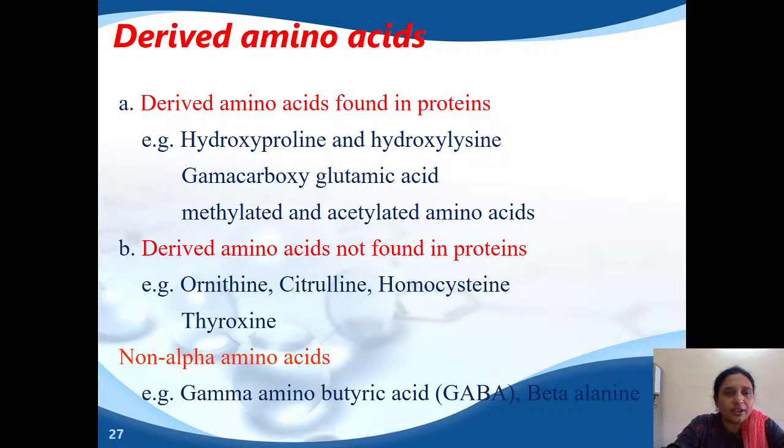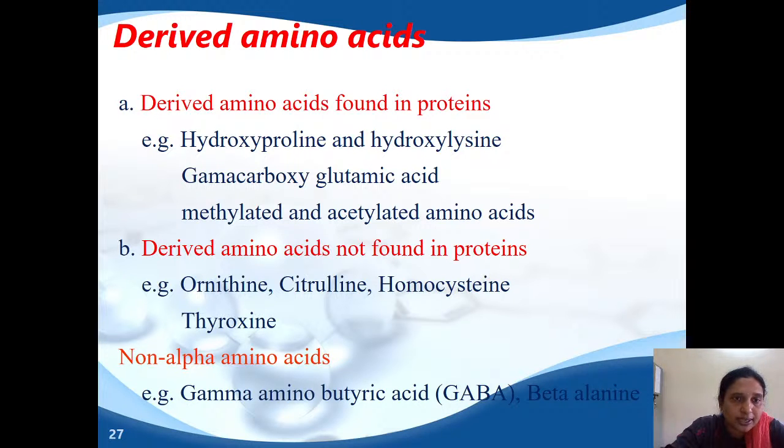Now, a few derived amino acids are found in the proteins and a few are not found in the proteins. Those which are not found in the proteins, you can call non-protein amino acids. Derived means these are the amino acids which are derived from one of the 20 amino acids.